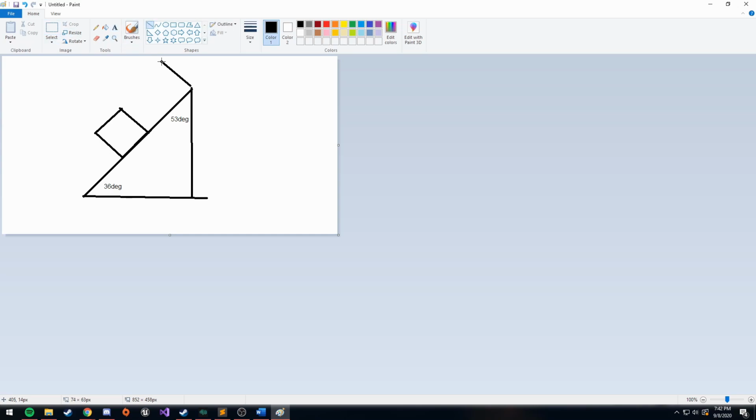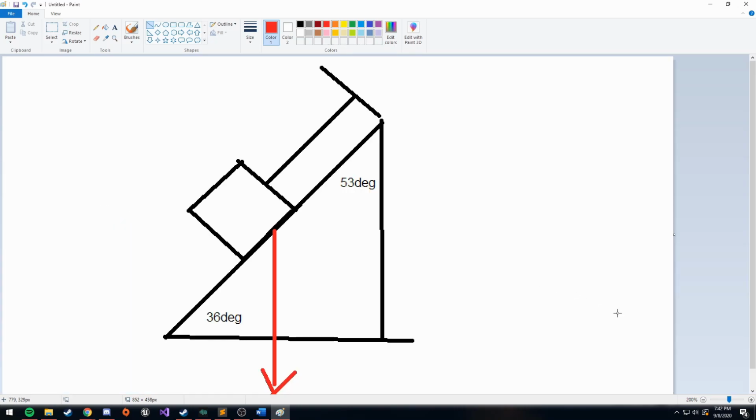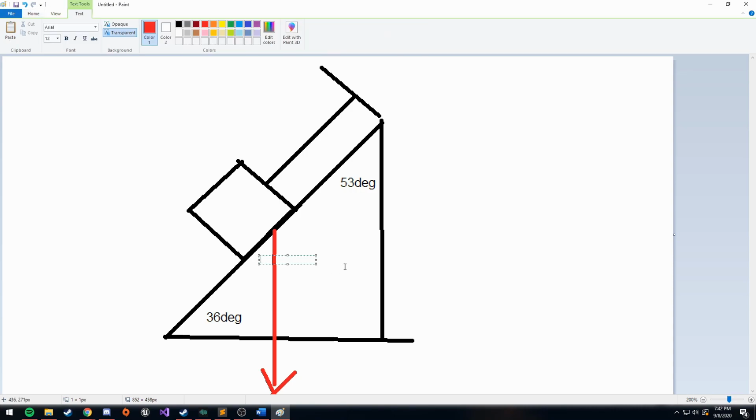We'll just put the spring right here. Now, gravity is pulling down this way. We'll draw arrows, which means this angle right here is also 53 degrees.